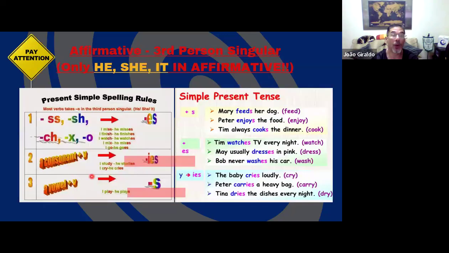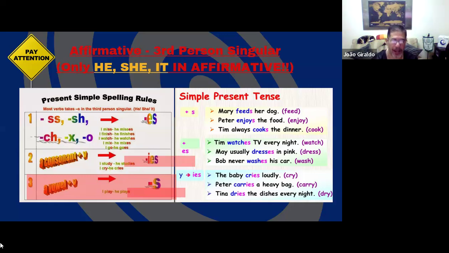Continuing here. So here are the rules of verb variation. Basically, we have 3 rules. So starting from here, the number 3. This includes normal verbs. You only add S to the verb. So for example, work, works, read, reads, dance, dances, and there you go.